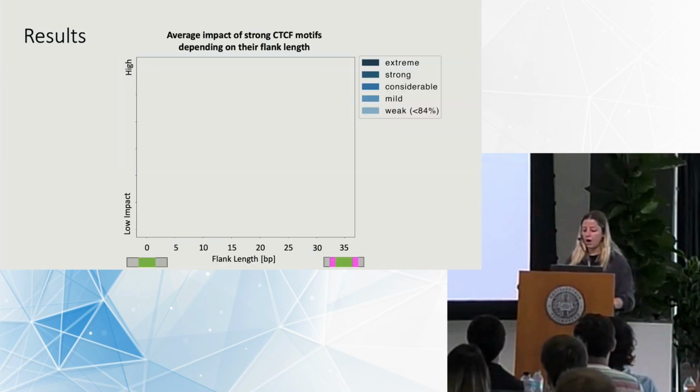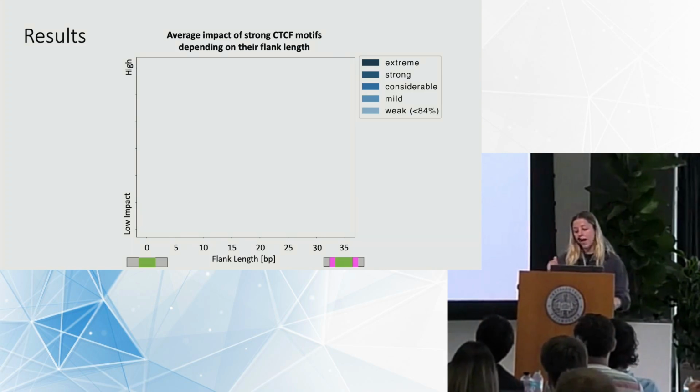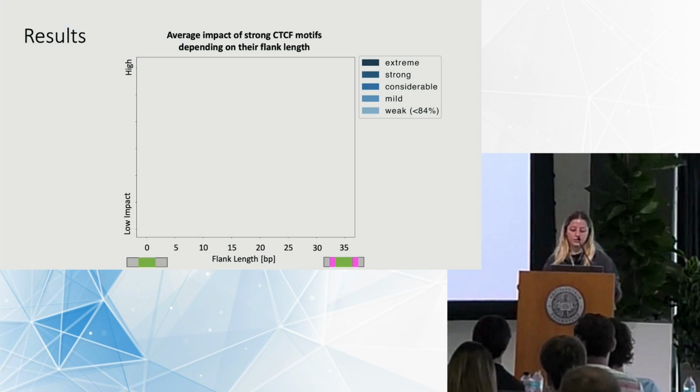Intuitively, the higher the value, the more color on the map. Here I'm going to plot the impact with respect to the flank length. I tested more than 7,000 CTCF sites from the mouse genome. To depict the results in a more intuitive way, I split those sites into 5 groups with extreme, strong, considerable, mild, and weak impact on the maps.